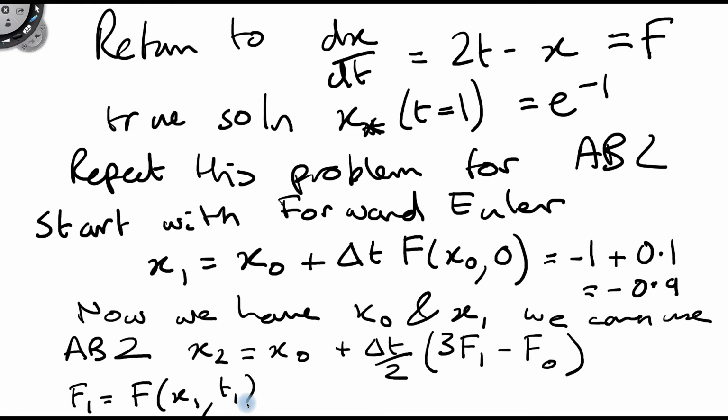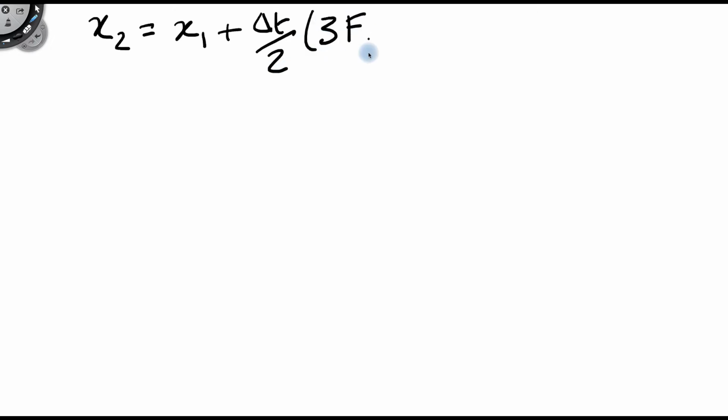In fact, I'm going to go on to the next board for this. Let me write that out from the beginning. So x2 is x1 plus delta t on 2 times 3 f1 minus f0.